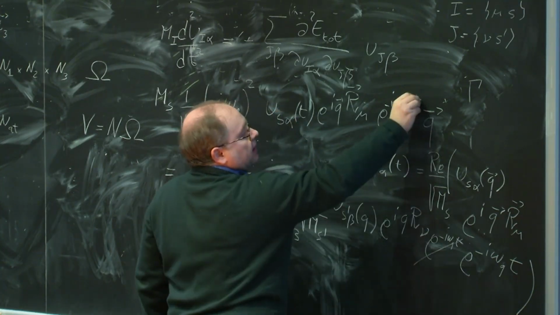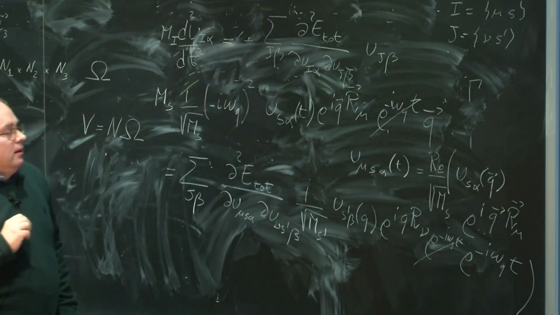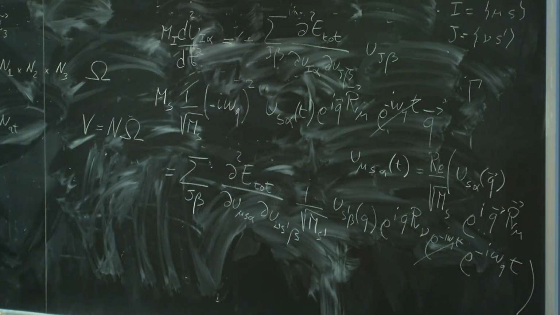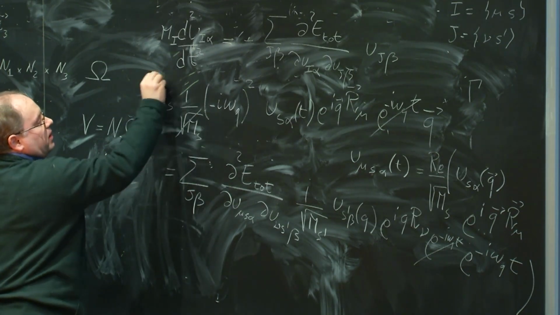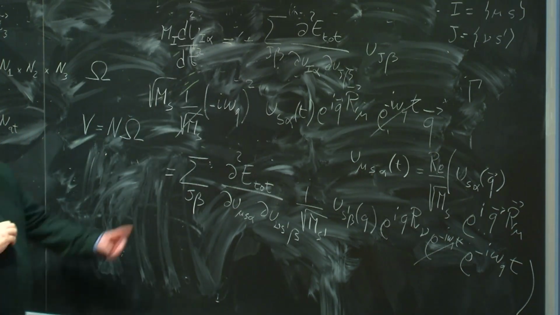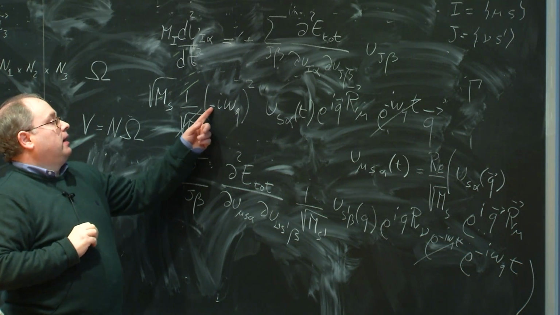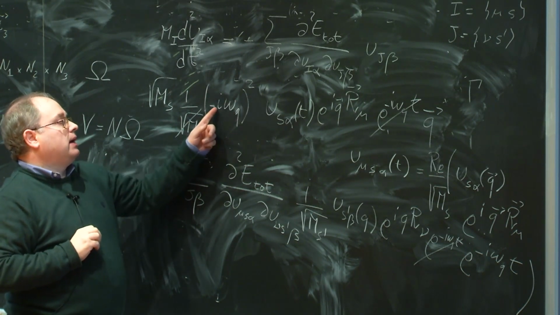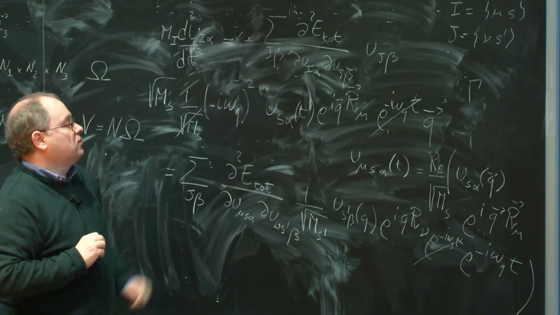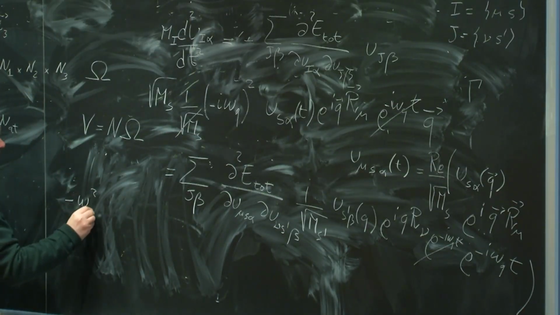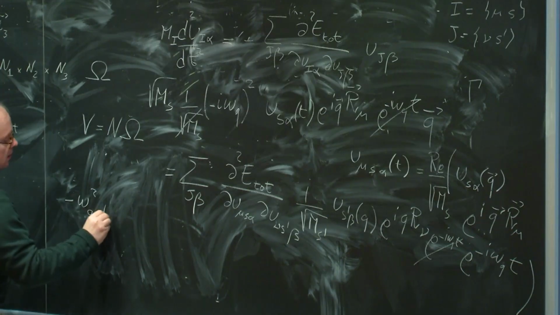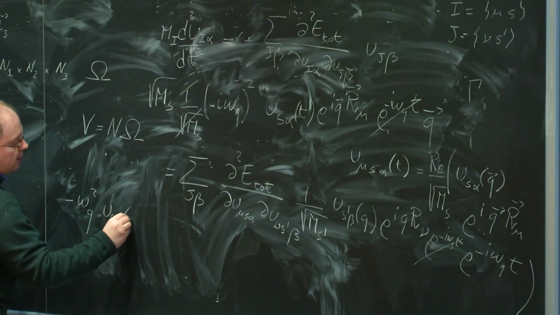The two simplify. So here we have the square root of M S. Minus I, minus 1 to the square is 1. I to the square is minus 1. So this gives minus omega square, U S alpha of Q.